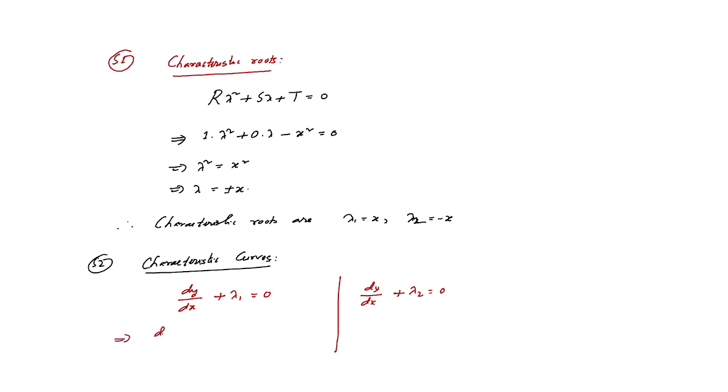So that implies dy/dx plus x equals 0, and here dy/dx minus x equals 0. And we can easily solve it. So dy/dx equals minus x, and here dy/dx equals x.